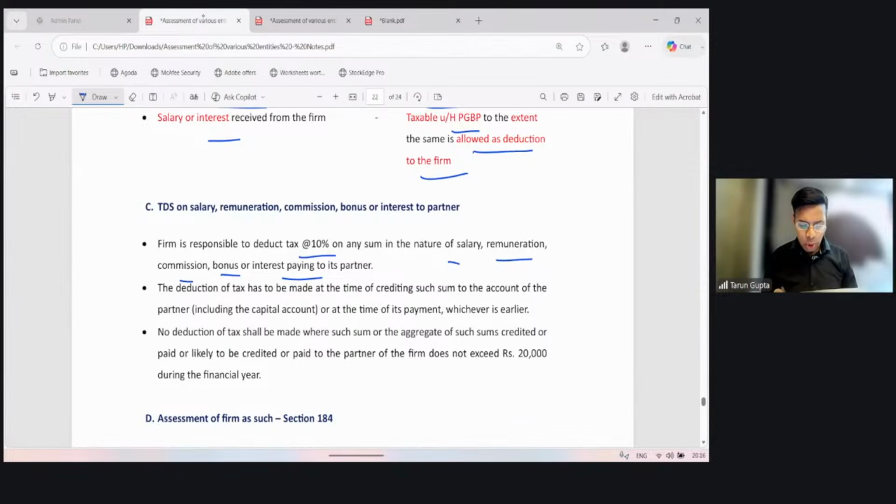The deduction of tax has to be made at the time of credit or at the time of payment, whichever is earlier, similar to other TDS provisions. No deduction of tax shall be made where such sum or aggregate of such sums does not exceed 20,000 during the financial year. So no TDS up to 20,000. If the amount exceeds 20,000, only then is TDS applicable at the rate of 10%. Tax has to be deducted at the time of payment or credit, whichever is earlier.